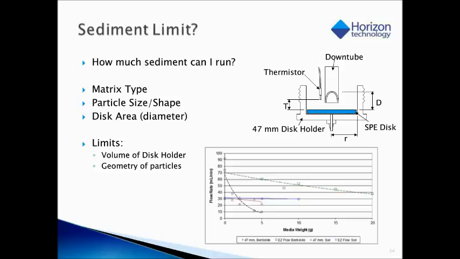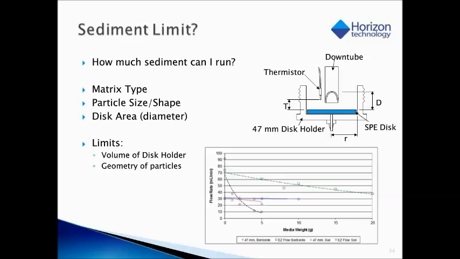But what happens when pre-filters aren't enough? How much sediment can you run using SBE? Usually this comes from someone who has tried cartridge SBE in the past and remembers all of the problems that are associated with that. Processing time here will depend on a lot of things.